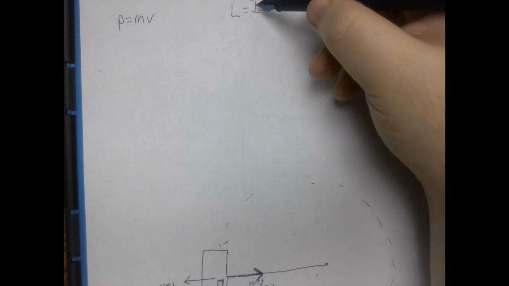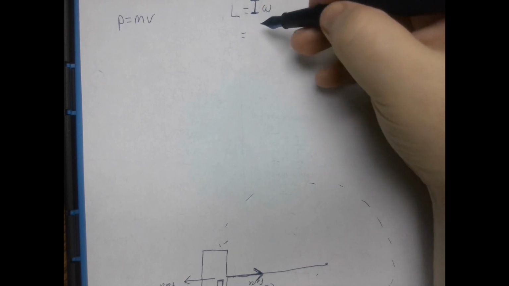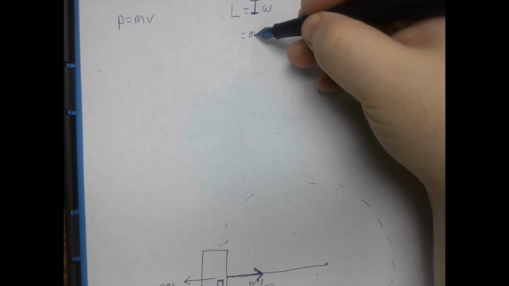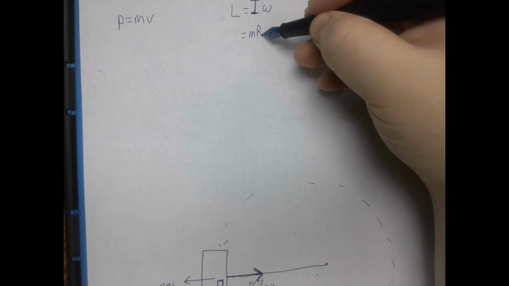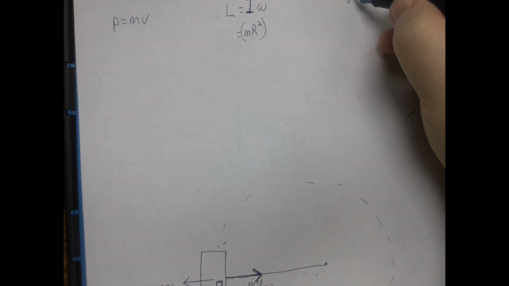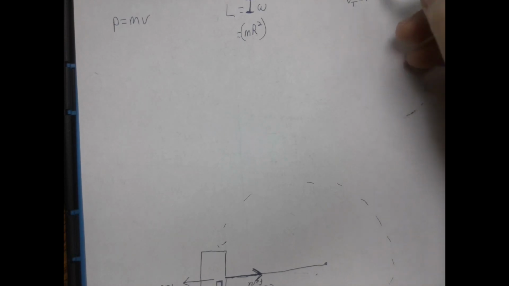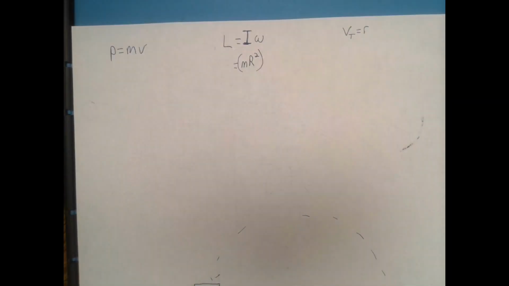We know that mass, or inertia, the common equation for inertia is mass times radius squared. And if you remember this equation, that tangential speed is equal to r times omega.